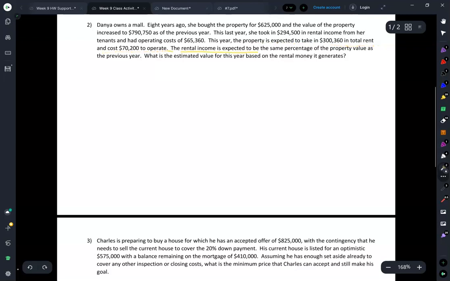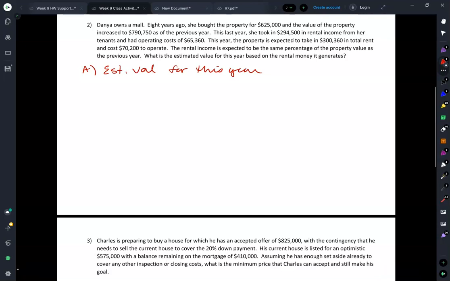The rental income is expected to be the same percentage of the property value as the previous year. What is the estimated value for this year based on the rental money it generates? Okay, so that's what we're trying to find in A. We have to find the estimated value for this year. And in order to do that, we need to know the percentage.